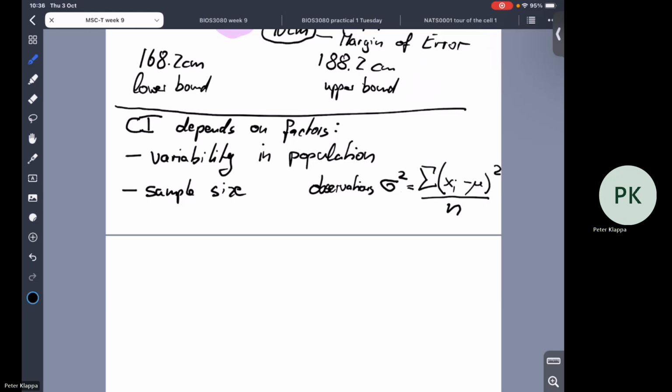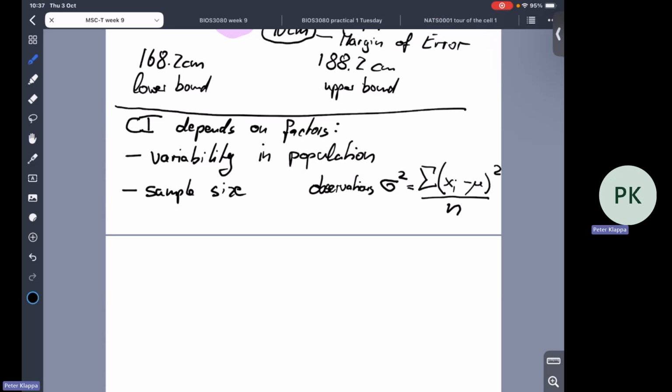Now maybe we could do something similar to what we have done with the mean. We have a sample, and we take the sample mean and use that as a best guess for our population mean.